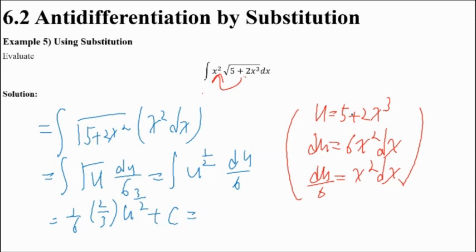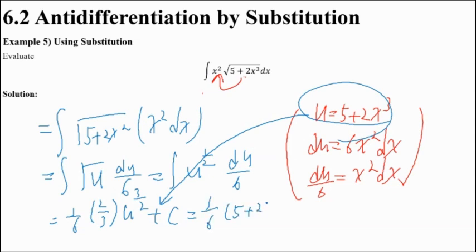And the u means here, right? So simply plug in that. So 1 over 6 times 5 plus 2x cubed to the 3 over 2 plus c.